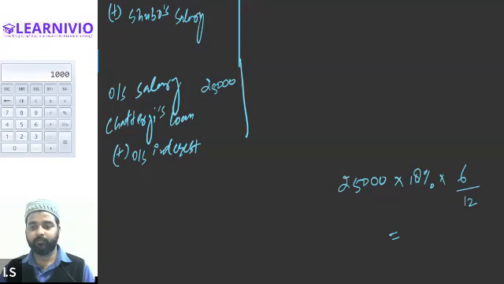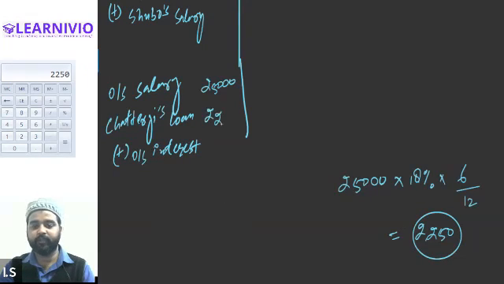At the rate of 18% we need to calculate now on 25,000. 25,000 into 18 divided by 100 will be 4,500, into 6, and then we will divide it by 12. Okay, so 2,250 will be the amount of interest.